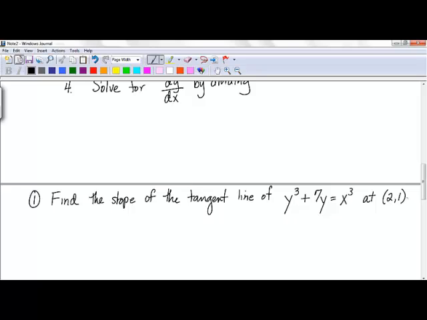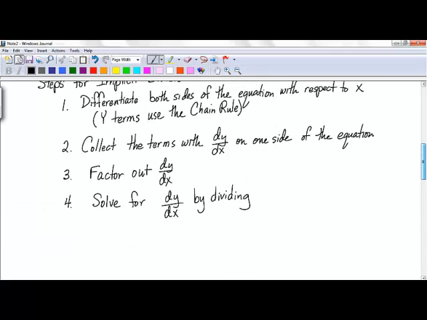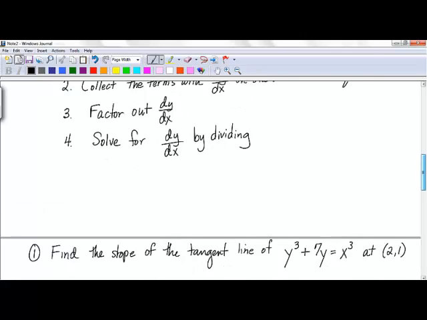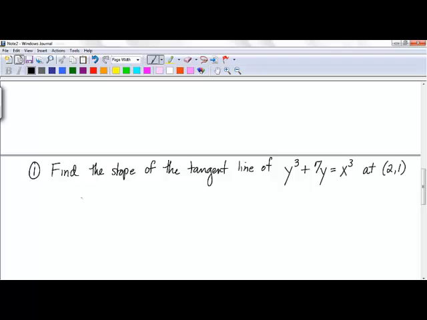Okay, now on this first step, don't skip this first step. It gets it started. The first step said differentiate both sides with respect to x. So take every term, and this one, basically I want you to write it like this.